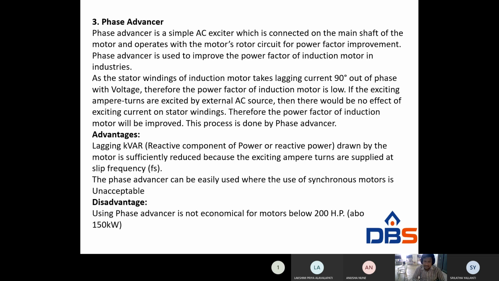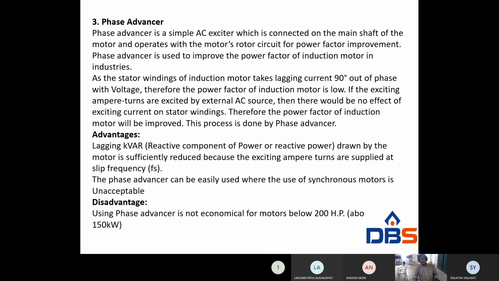The stator windings of an induction motor take a lagging current 90 degrees out of phase with the voltage. Therefore, the power factor of an induction motor is very low. If the exciting ampere turns, that is MMF, are excited by an external AC source, then there would be no exciting current effect on the stator winding. Therefore, the power factor of the induction motor may be improved.